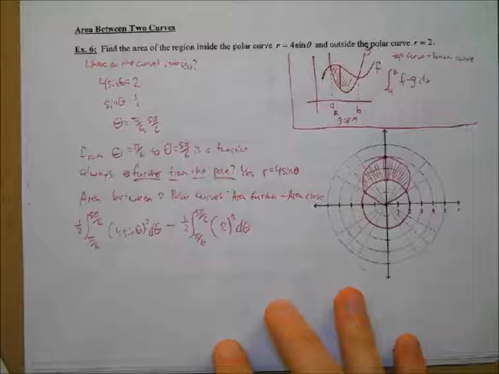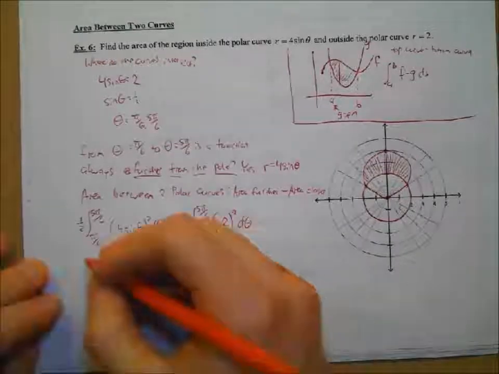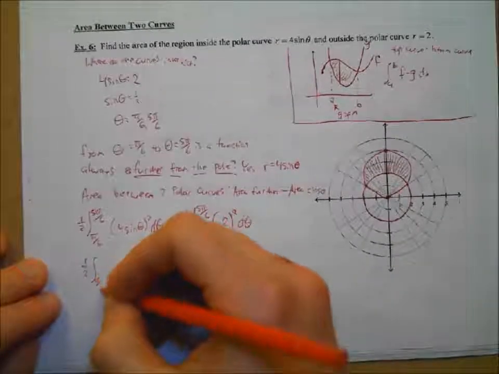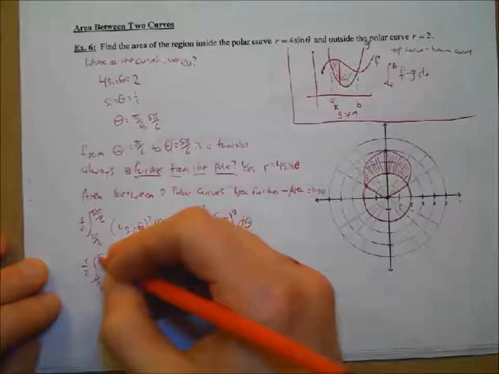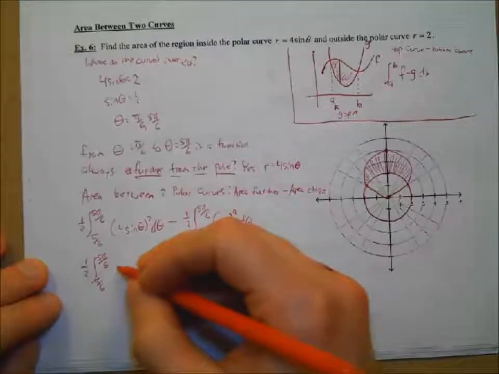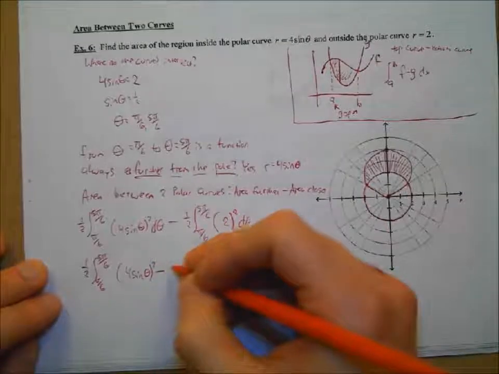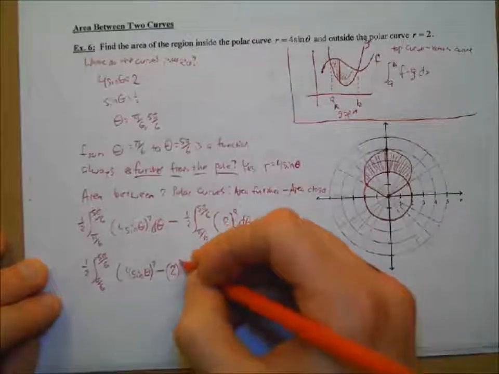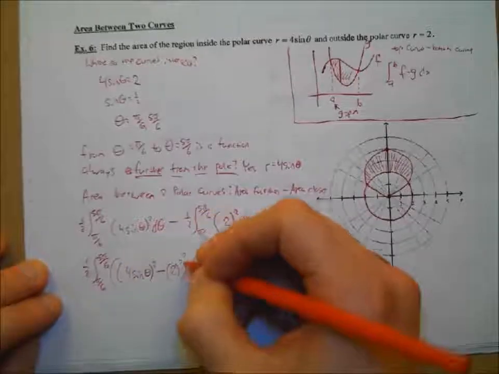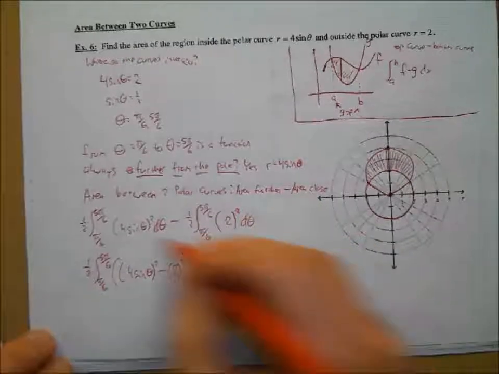You don't have to write it as two separate integrals, since we're using the same limits of integration. We could write it as a single integral: 1/2 integral from pi over 6 to 5 pi over 6 of (4 sine theta) squared minus 2 squared d theta. So that's putting it all together.